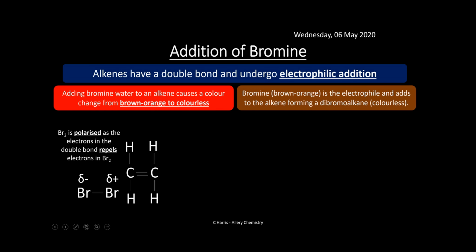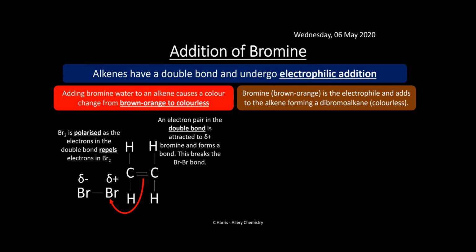And so what happens is the electrons move to the left-hand side and they bunch up onto the bromine. So we get repulsion. Now, the electron pair in the double bond is actually attracted to the delta positive bromine atom on the molecule there. And what happens? This breaks that bromine bond.